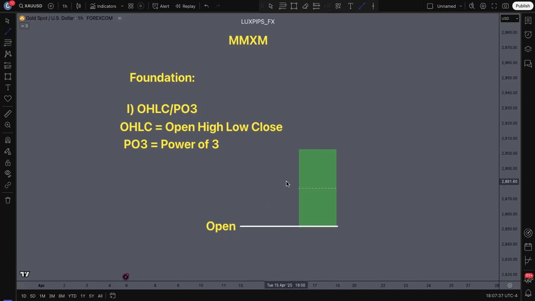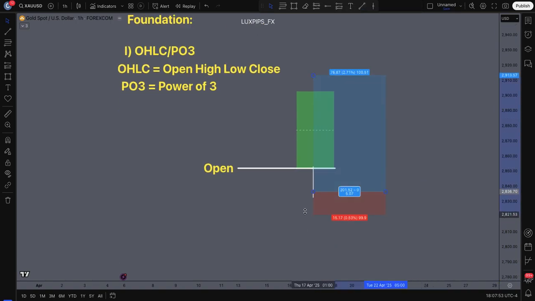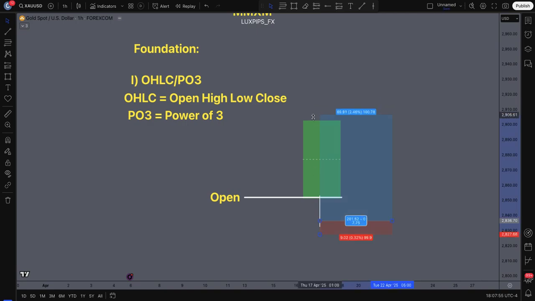Is it not in your best interest to buy down here on this wick? You know, just to have an illustration for you. This will be your trade. This is what you would love to have. And then let me see.